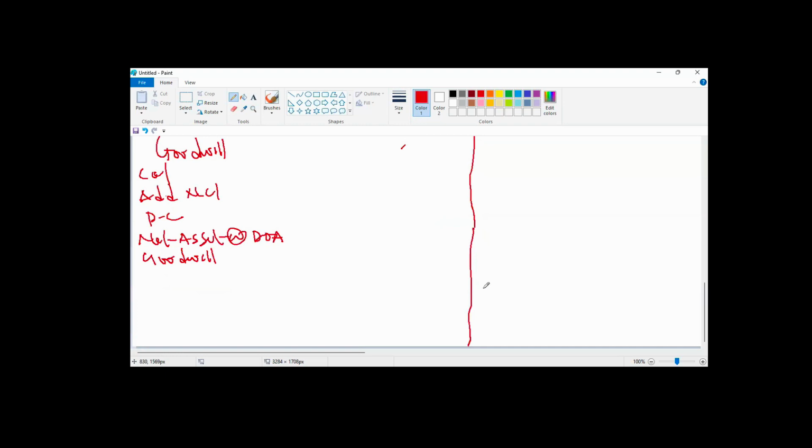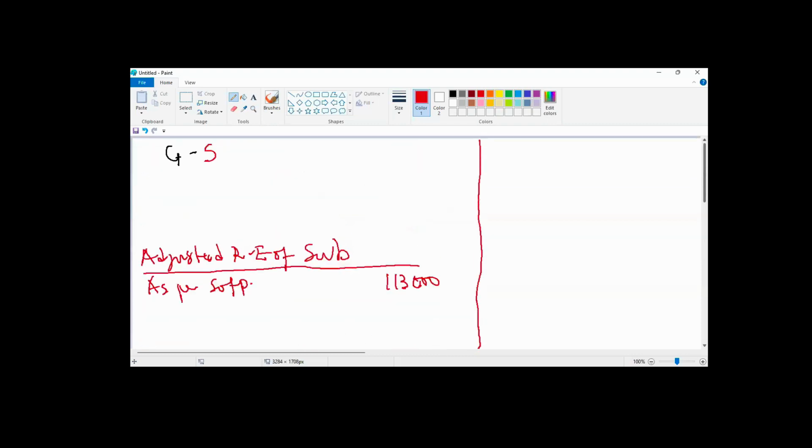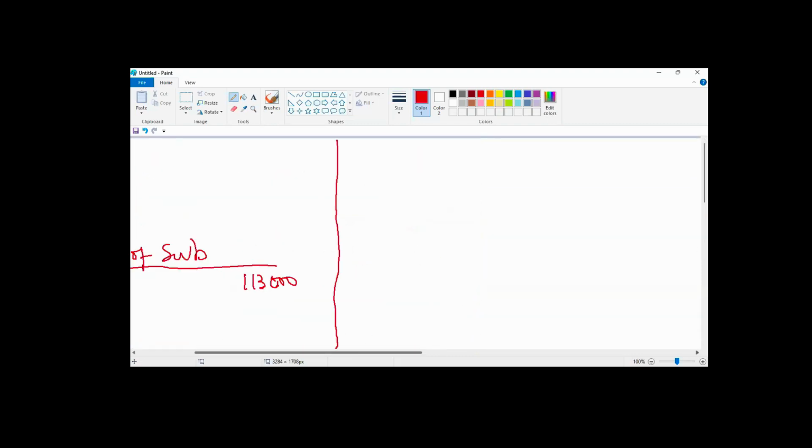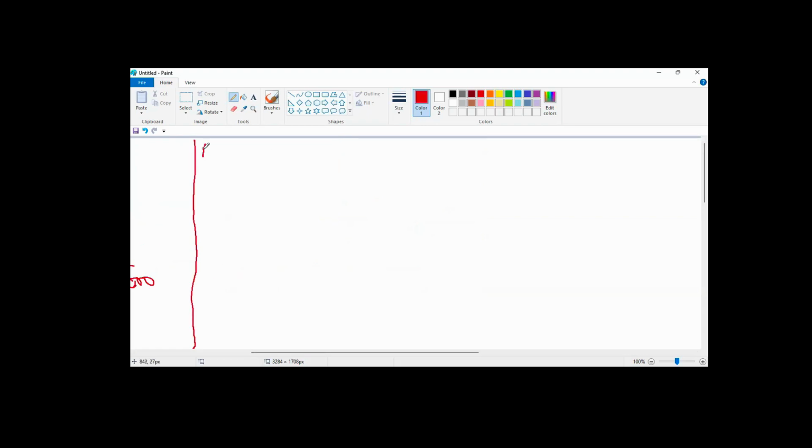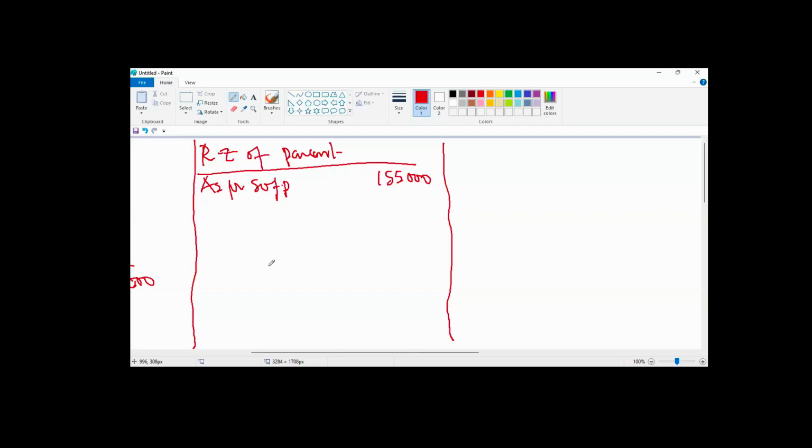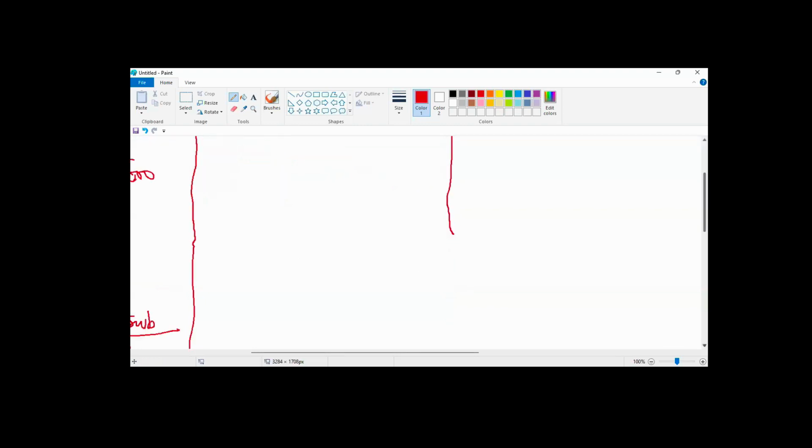Do you know where that's going to be implemented? I need adjusted retained earning. I need the retained earning of parent, as per SOFP, which the question has supplied me to be 155. Then I need to calculate NCI at date of acquisition.